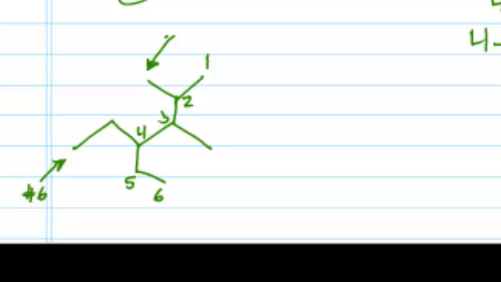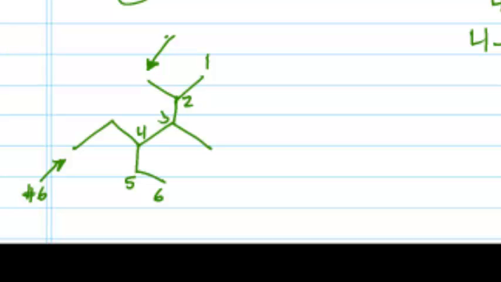The next rule I've got to consider is that when I'm numbering the longest path, I want to use the path that gives me the lowest possible numbers for these substituents.